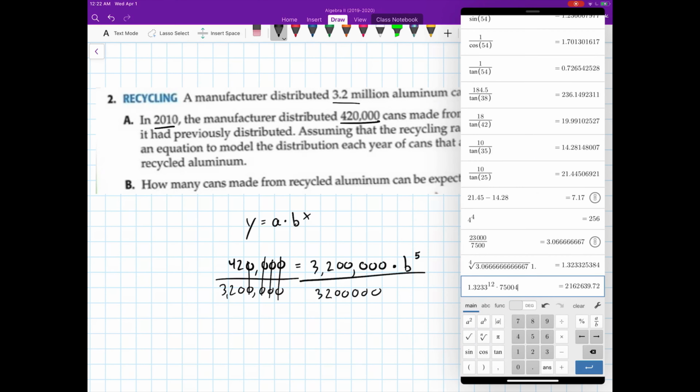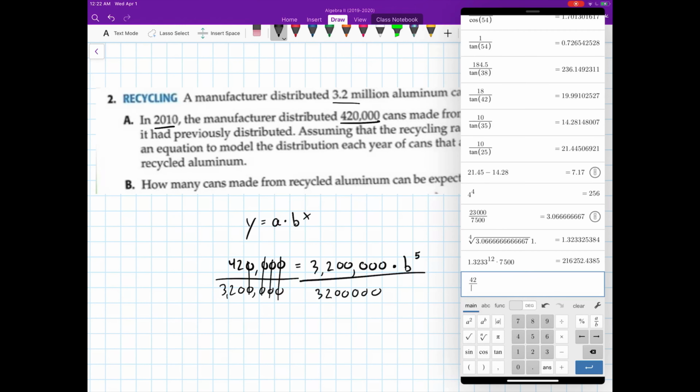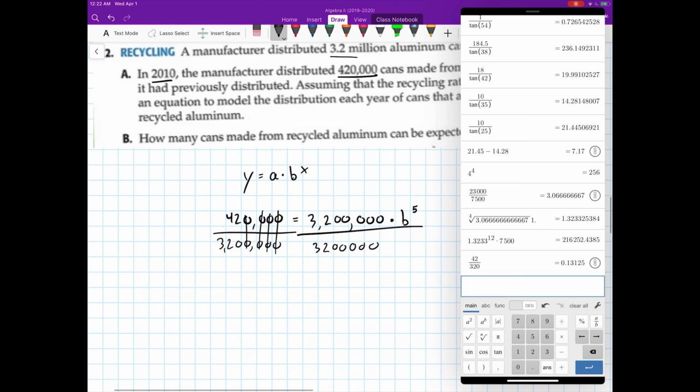Essentially, it's 42 divided by just 320. Okay, and I get 0.13125, and that equals b to the 5th.